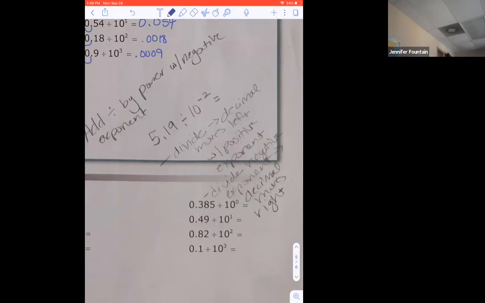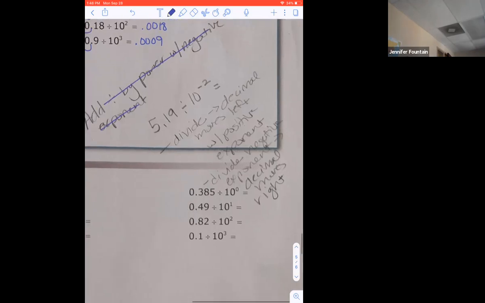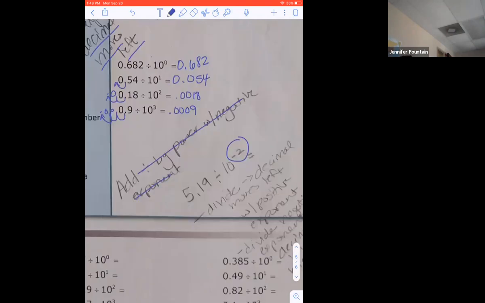What I wrote right there, basically what I've said is that if I have a negative exponent, then you need to remember that if you're dividing like usual, so let me uncircle that real quick.